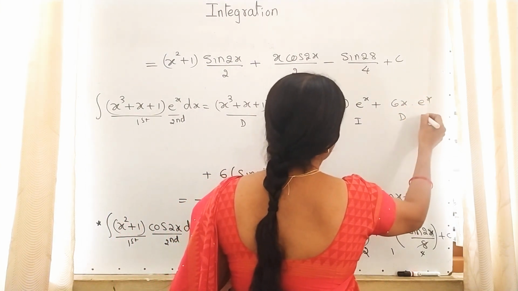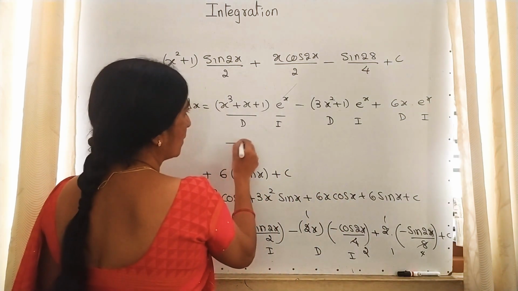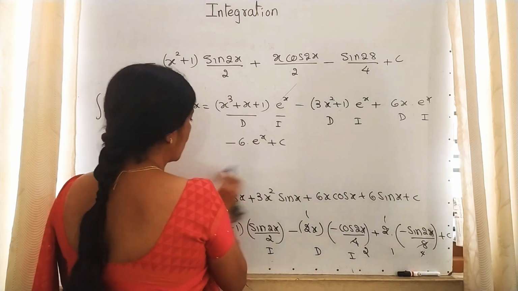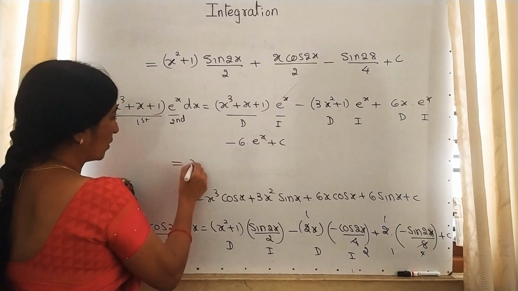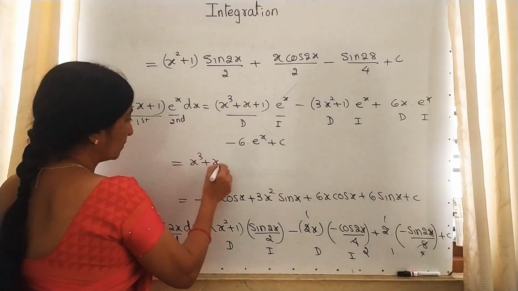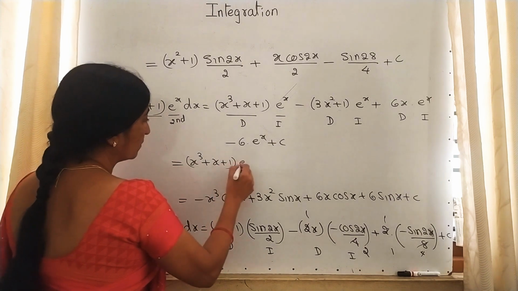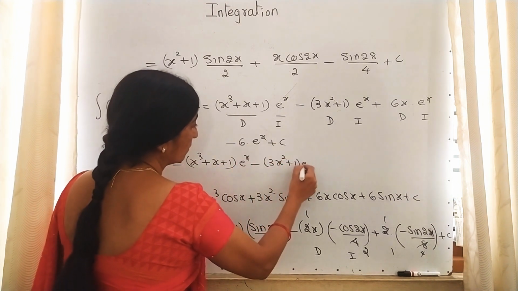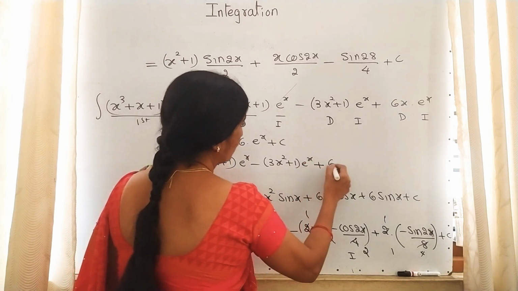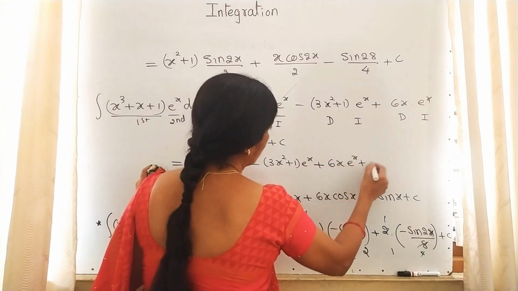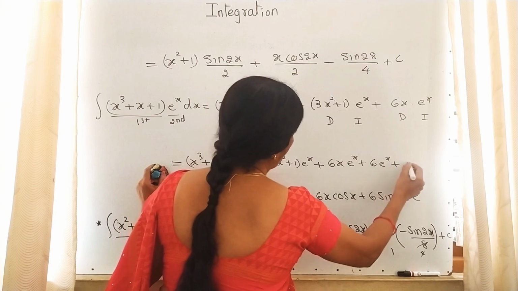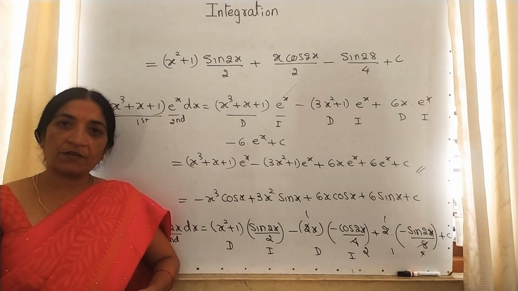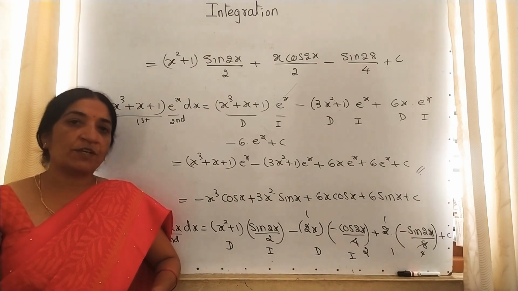This is d, this is I. Minus 6 into e raised to x plus. See, is the trick simple or what? Rearrange that. If you want, you can take e raised to x common. It depends on the option that is given. Depending on that option, we are solving.